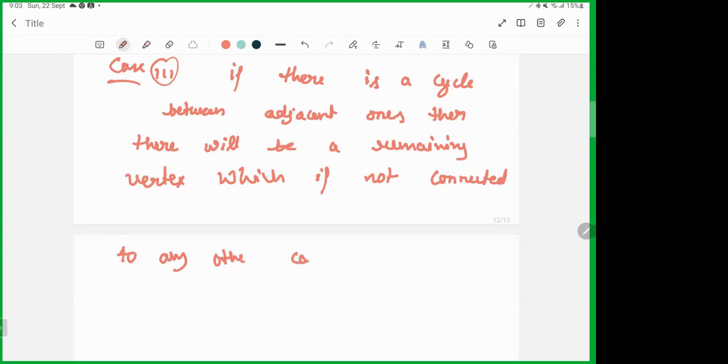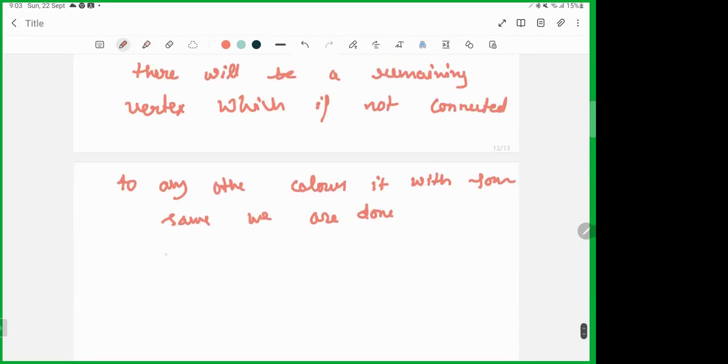Color it with the same color, we are done. Otherwise, swap the colors and well done.